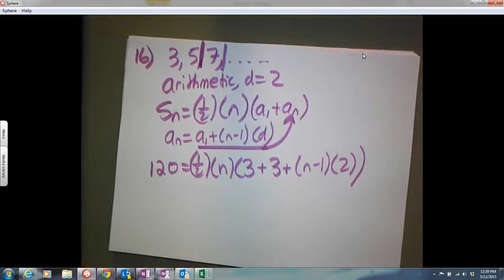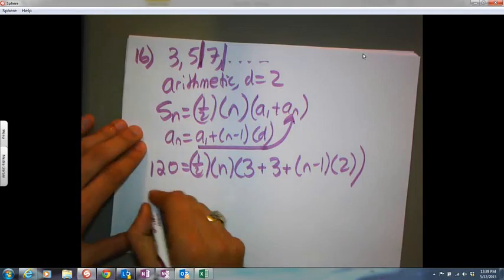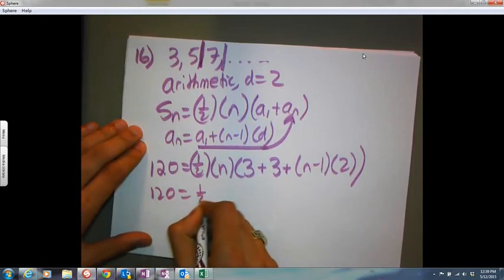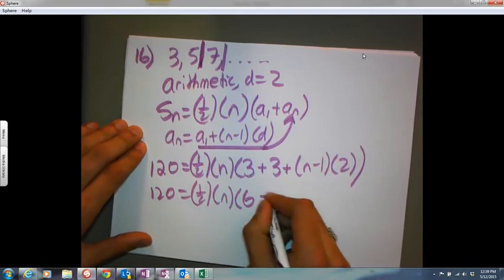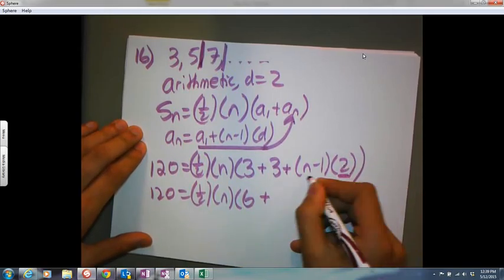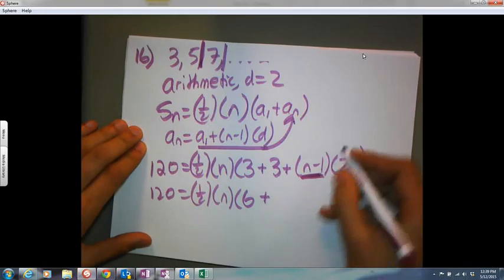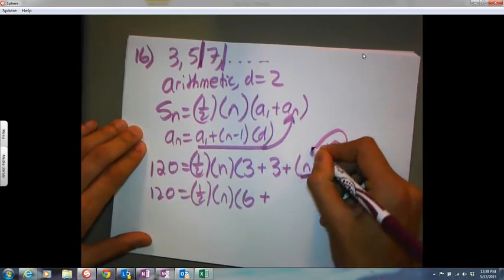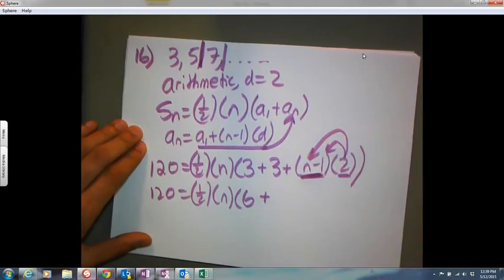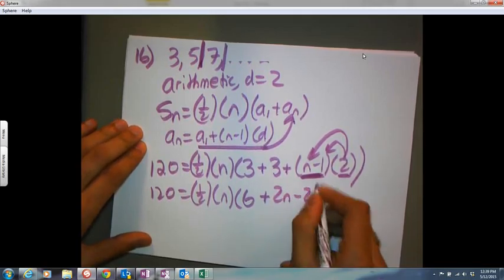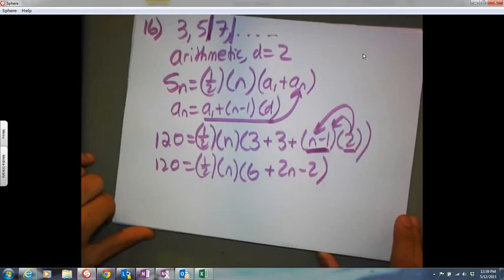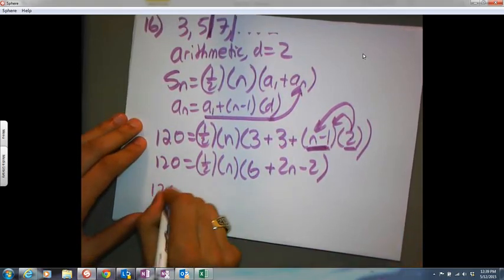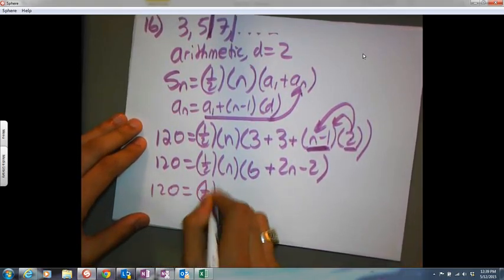So 120 equals 1/2 n (3 plus 3 is 6, plus this 2 is multiplied by this), so we need to do this. So 120 is 1/2 n (6 minus 2 is 4 plus 2n).